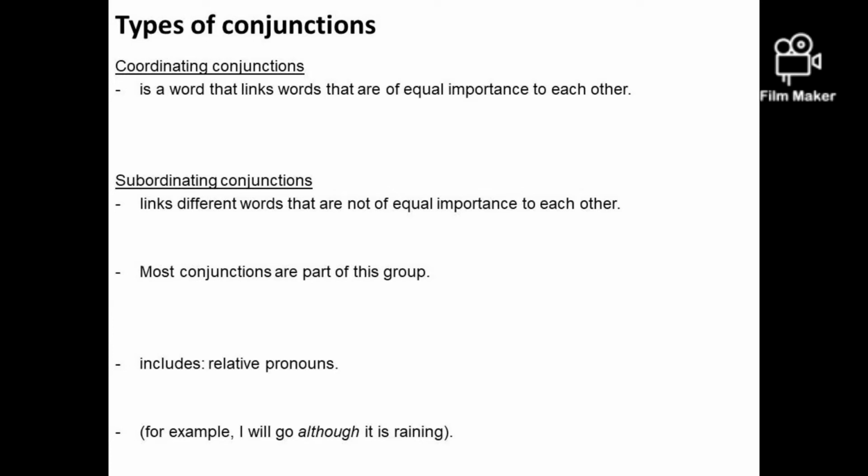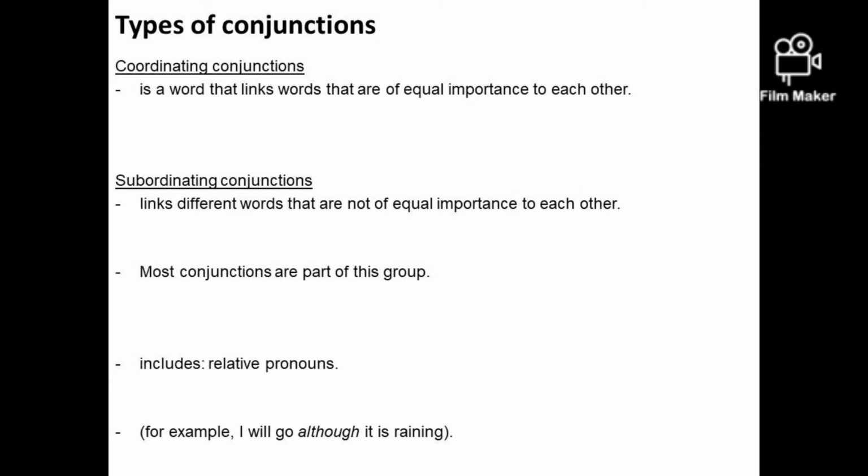Now, a coordinating conjunction is basically a word that links different clauses, phrases, or words that are of the same importance.